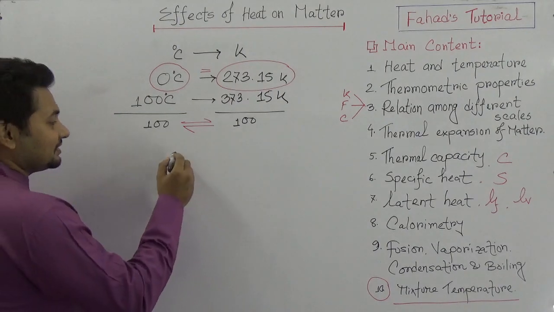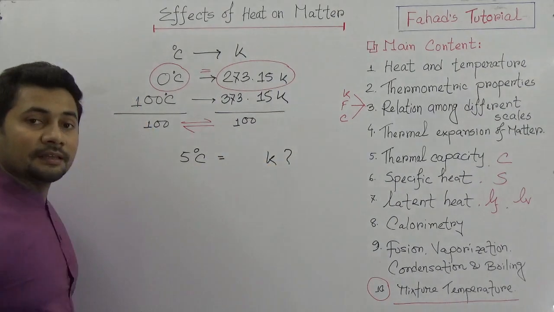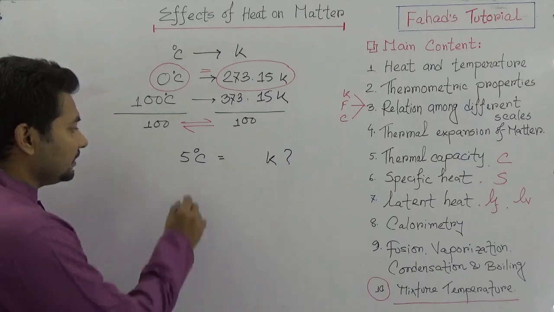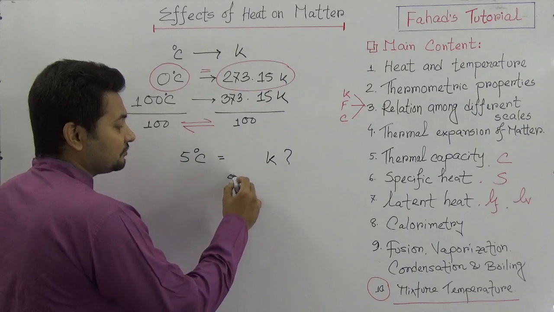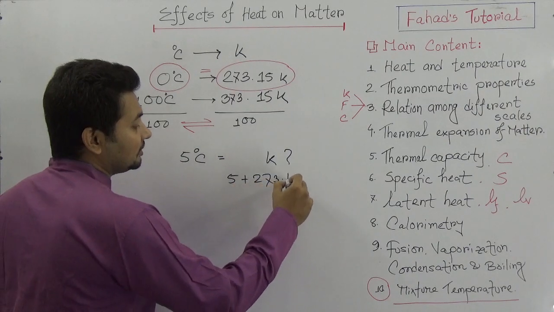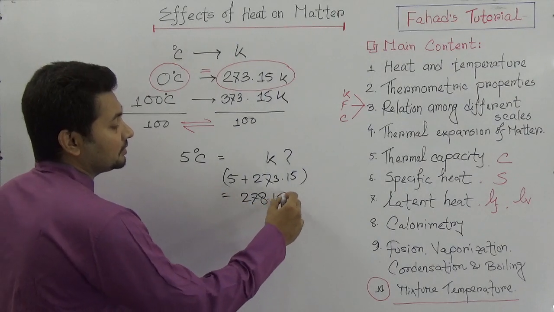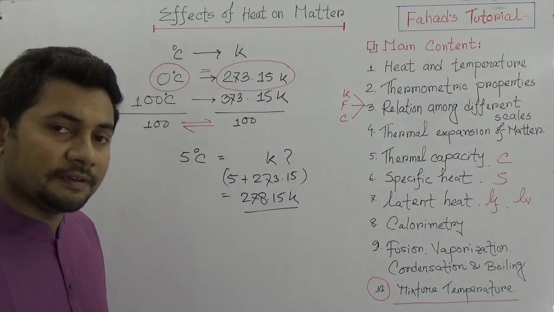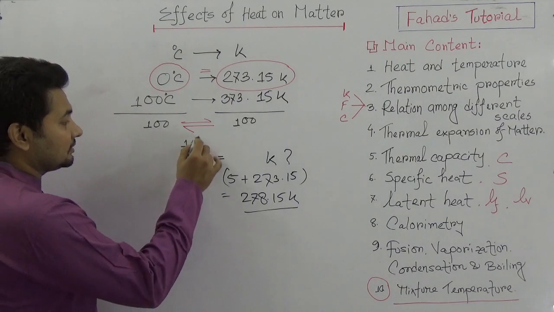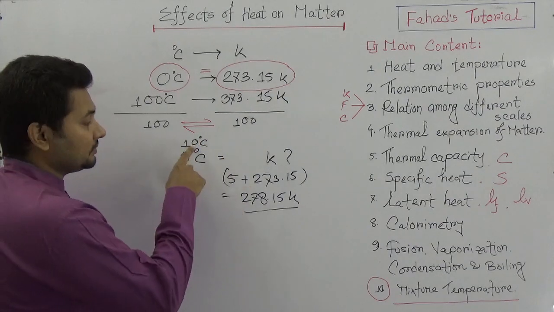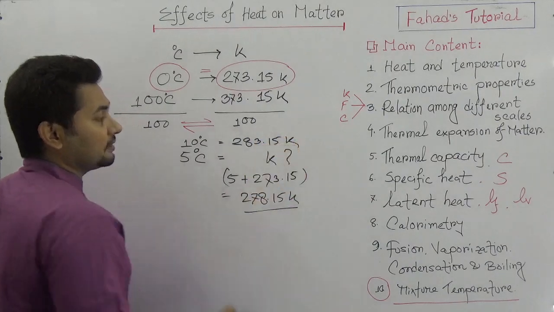Now, if the question is what is 5 degrees Celsius in Kelvin, to convert Celsius to Kelvin we do 5 plus 273.15, which is 278.15 Kelvin. For 10 degrees Celsius, the Kelvin value is 283.15 Kelvin.